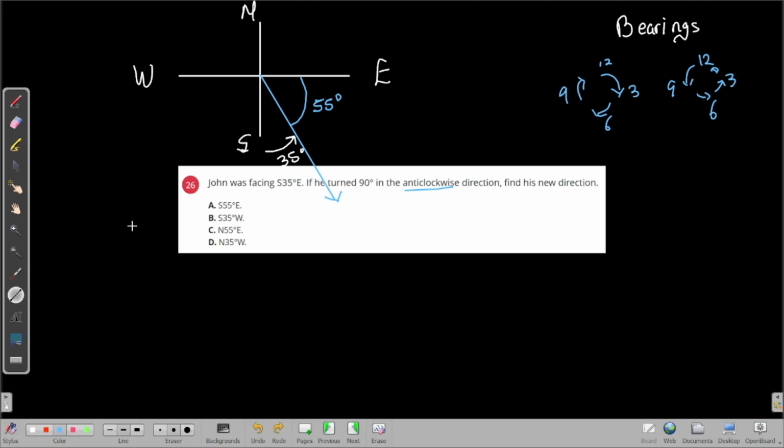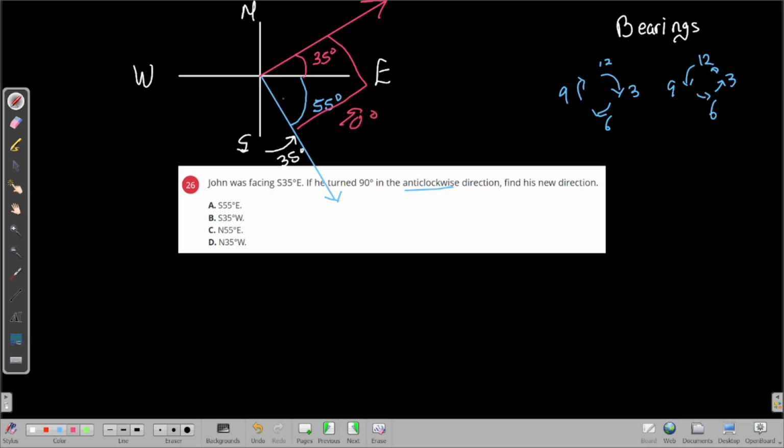So let's complete. So this other place here will be, because he's going 90 degrees, if he has already done 55, the remaining that is left is 35. Okay, so the total is 90 degrees. 35 plus 55.